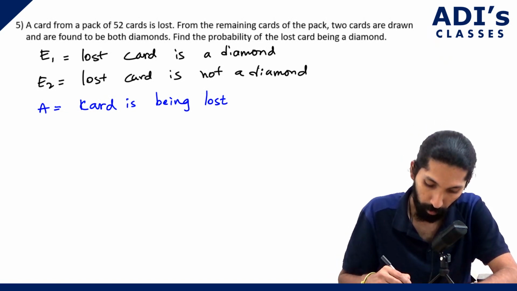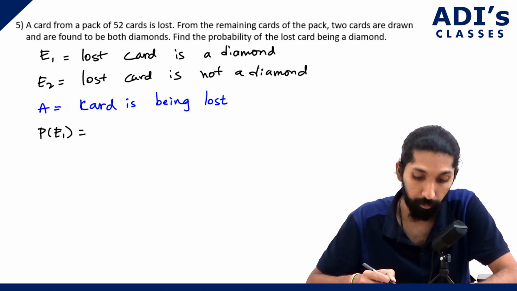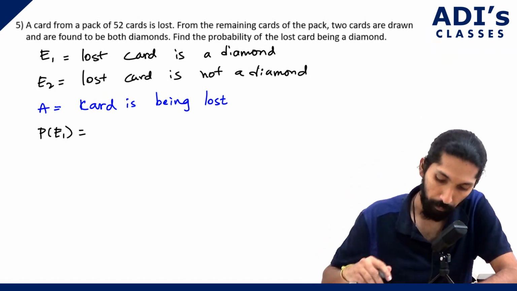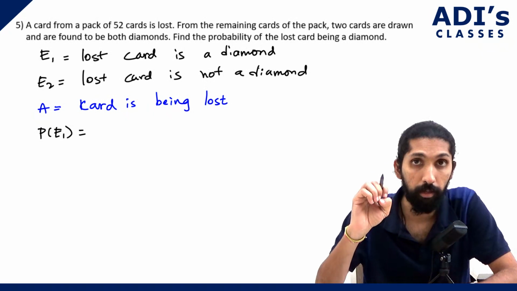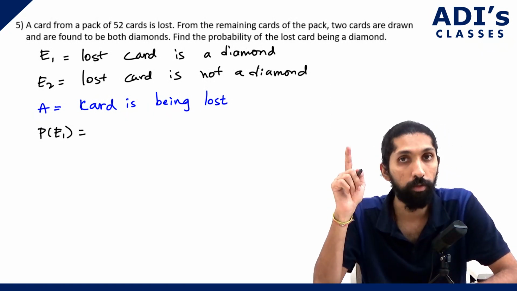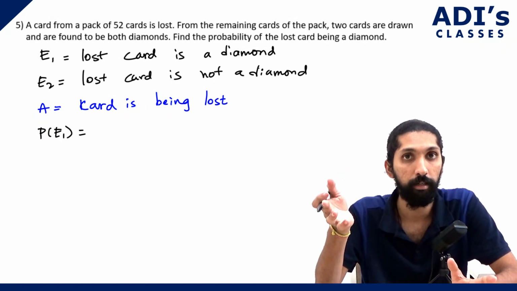Now let's calculate P of E1. The lost card is a diamond. See, a card from a pack of 52 cards is lost. What is the probability that the lost card is a diamond? How many diamonds are there? 13 diamonds are there. Out of 13, one card is lost, but whereas it can be any card, right?